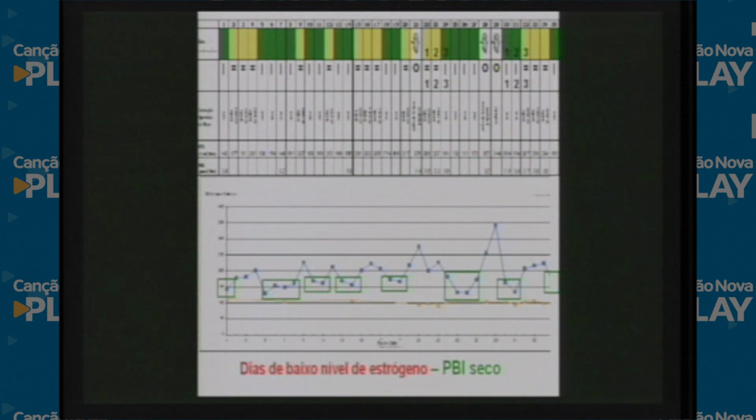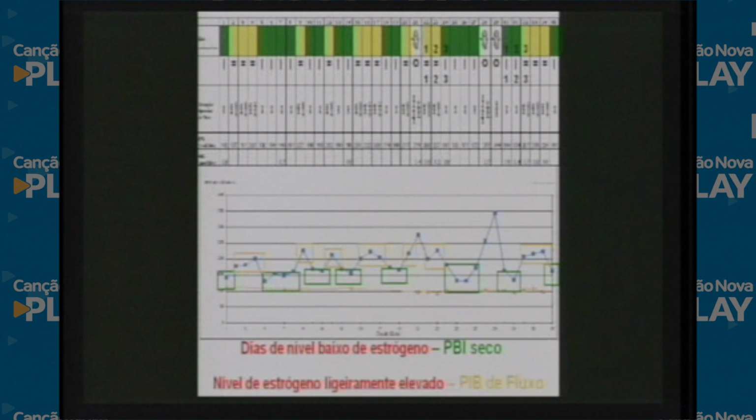And every time she said damp sometimes, just a slight rise in estrogen.